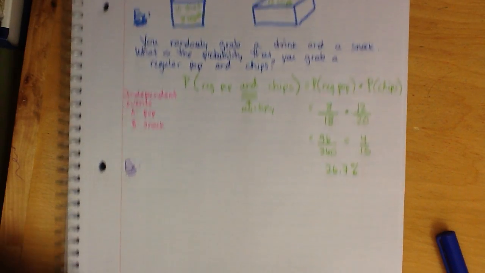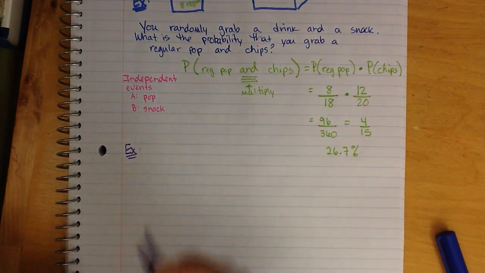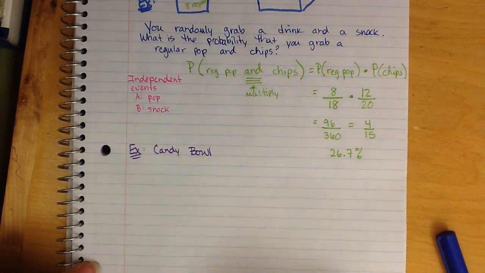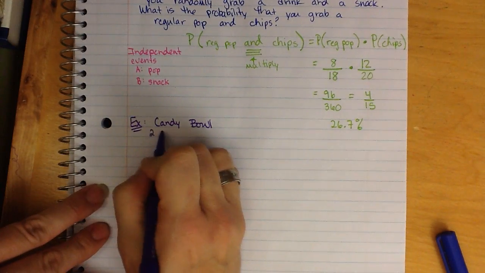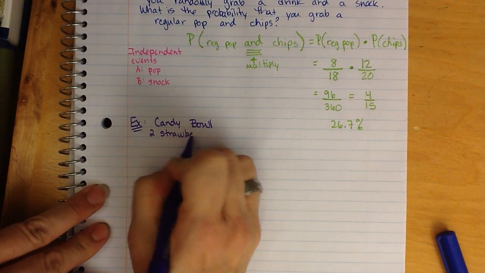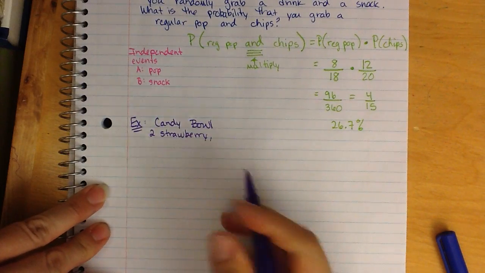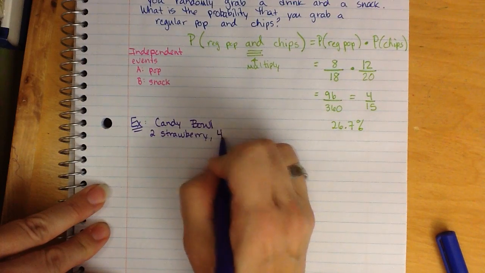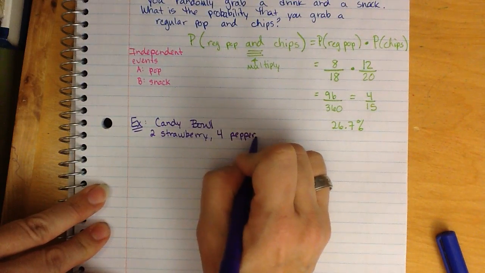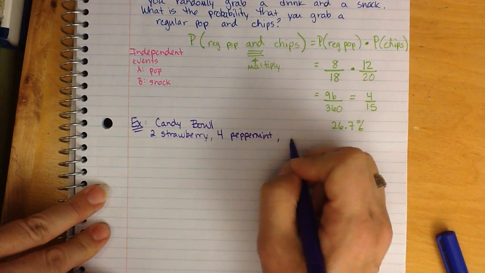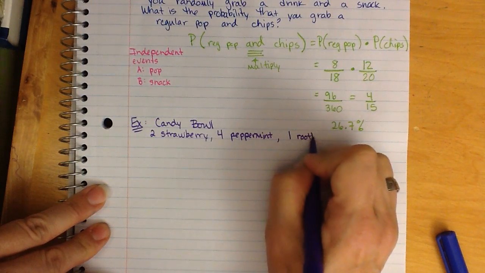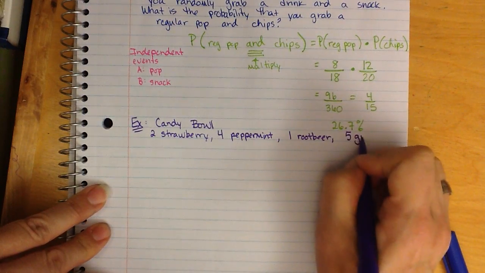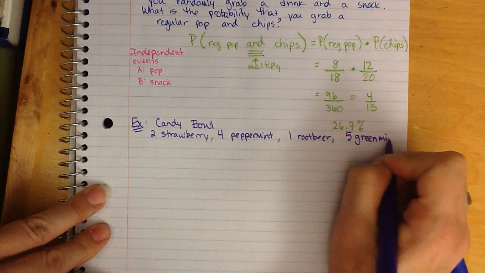Okay, let's look at a second example. In my second example, I'm going to have a candy bowl. In my candy bowl, I'm going to have 2 strawberry candies, 4 peppermint candies, 1 root beer candy, 5 green mints.